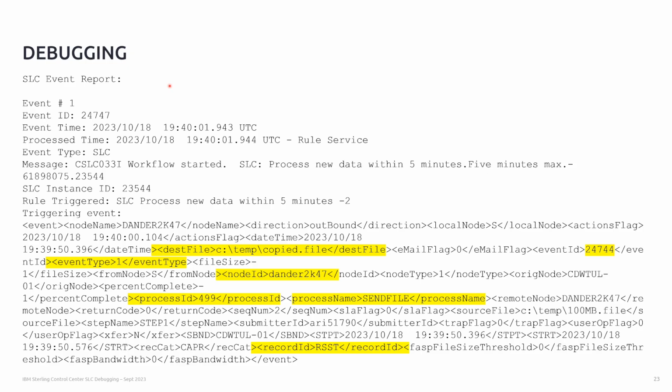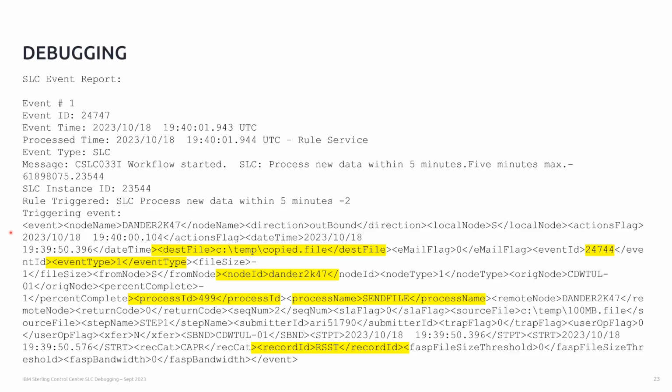It's event ID. The event is actually right here. It looks like XML. All of the events in Control Center look like XML documents. And we pull some of the key values up at the top of each event that's listed.